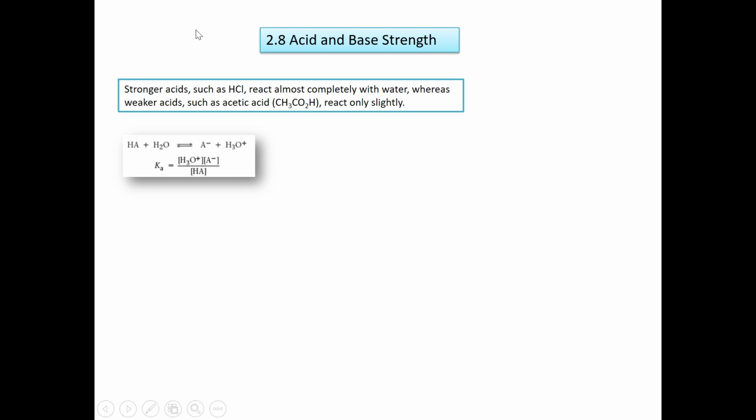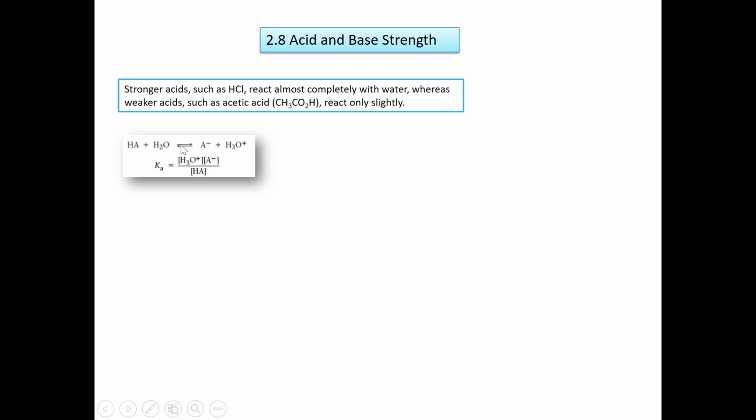Here it is: acid plus water gives conjugate base plus conjugate acid. If we define the equilibrium of this reaction, we have the Ka, the constant of the acidity reaction, which depends on the concentration of the products divided by the concentration of the starting materials.